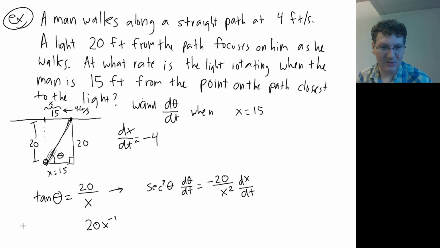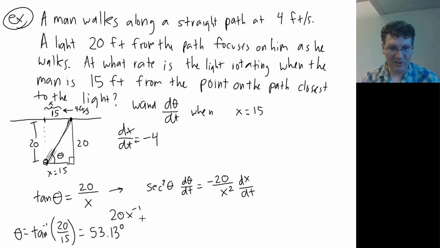Now, plugging everything in, we actually need to figure out what that angle is. When x is equal to 15, theta is going to be the inverse tangent of 20 over 15. That's 53.13 degrees. So let's put all this into our equation.